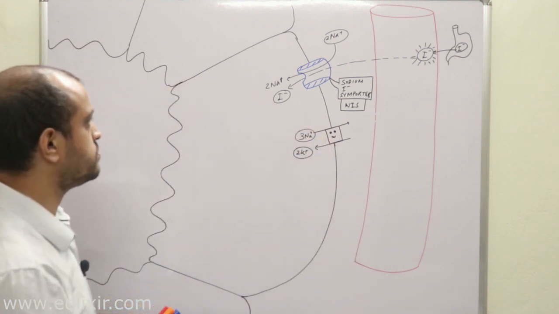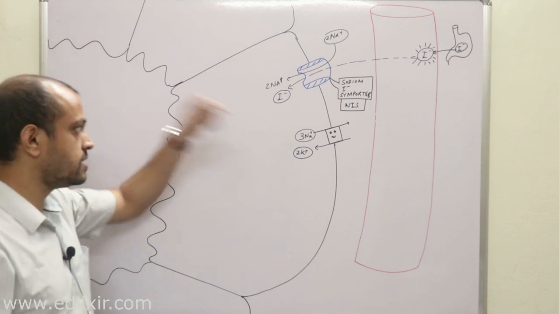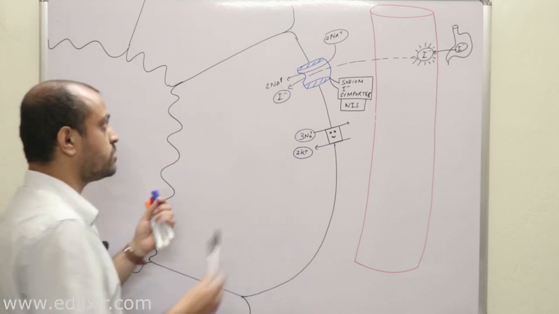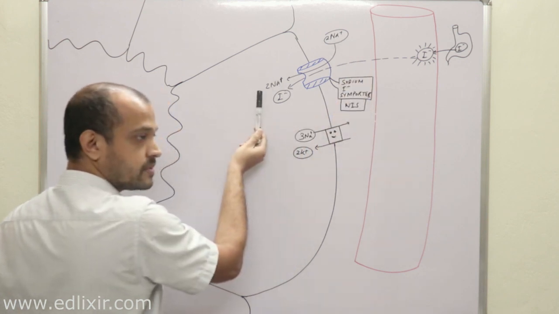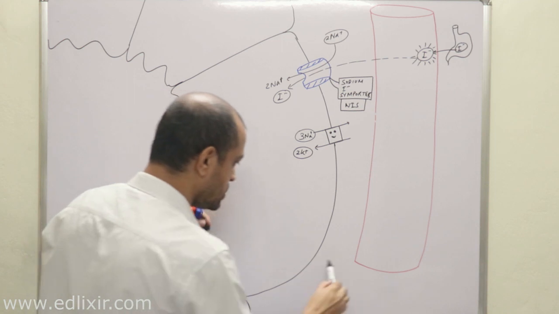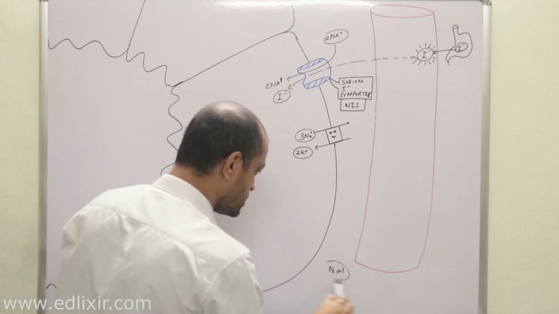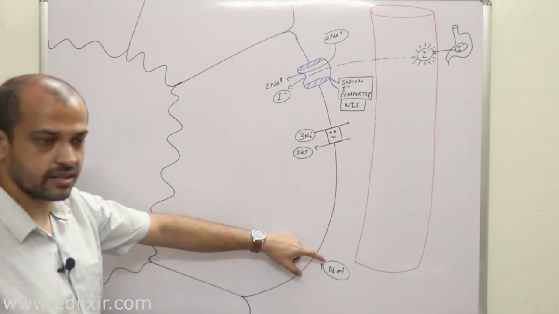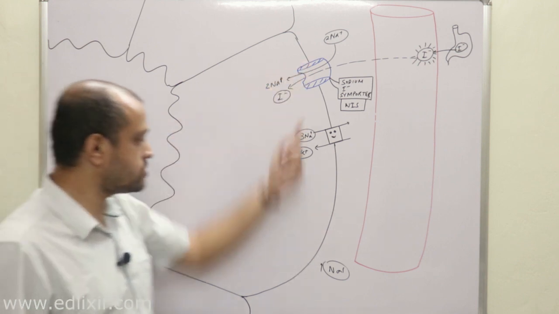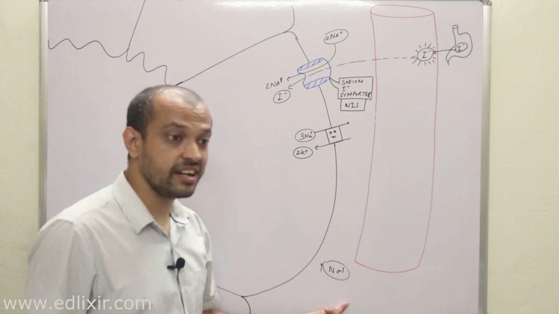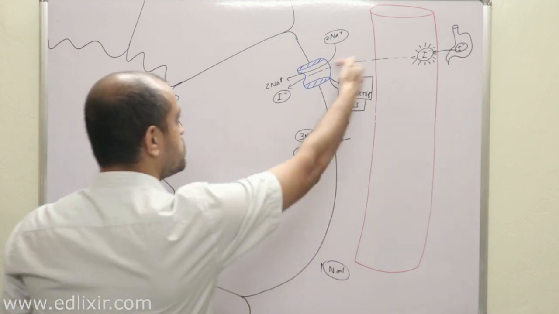Now a very important point here is that when 3 sodium is moving out, that means sodium will now try to enter more, right? The concentration of sodium outside the cell is higher, and therefore, due to its natural electrical gradient, sodium will always try to enter, right?